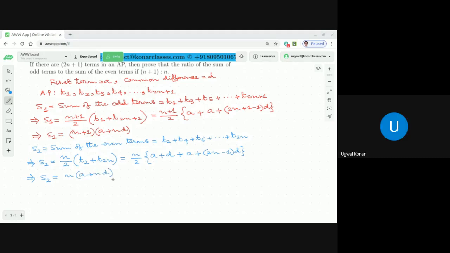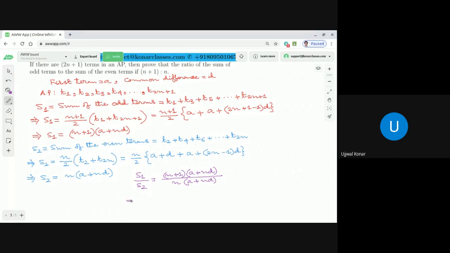Correct? So now what is our question? According to the question, we need to find S1 by S2. Correct or not? S1 by S2 is equal to n plus 1 into A plus nd divided by n into A plus nd.